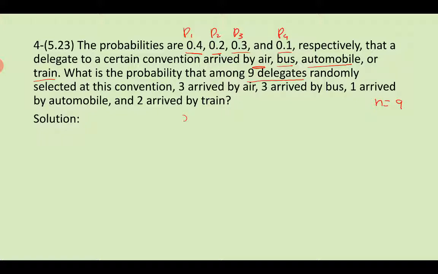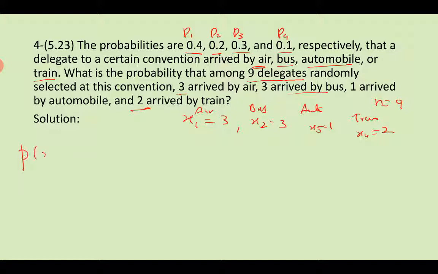And out of this 9, x1, first category, arriving by air, is 3. Second category, x2, arriving by bus, is 3. Automobile, x3, is 1. And fourth category, train, x4, is 2. Okay, there are 4 categories.